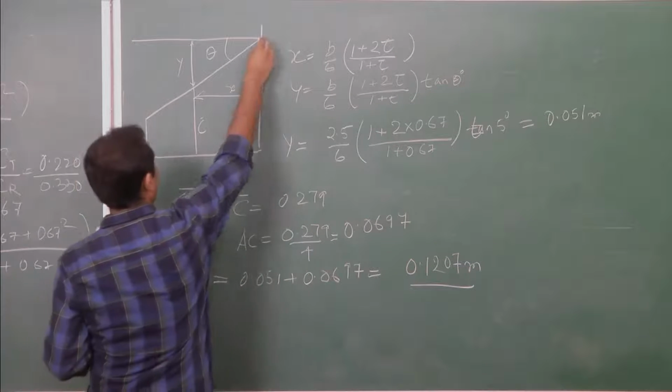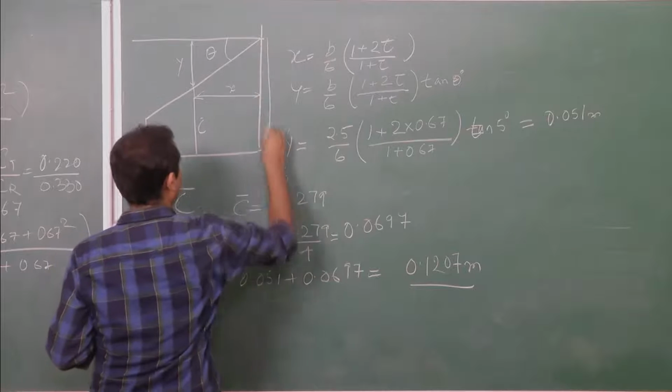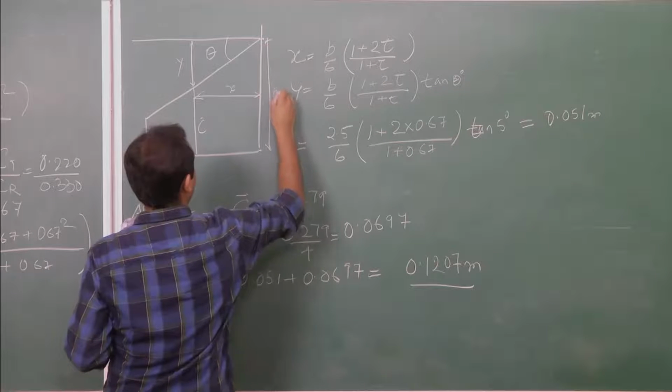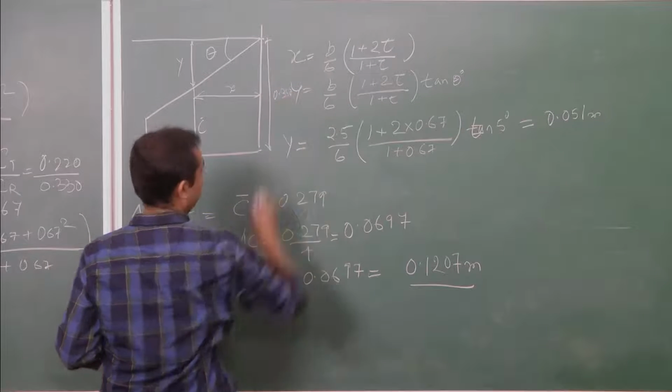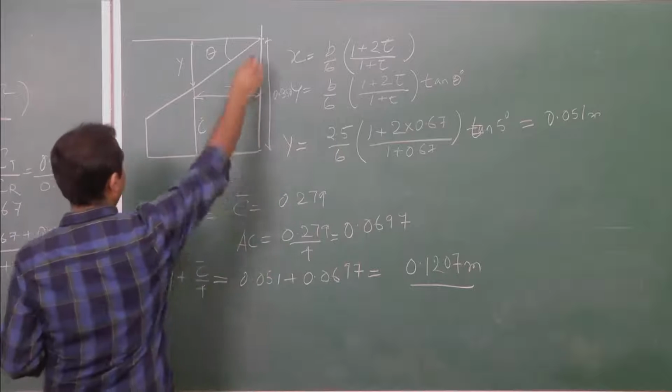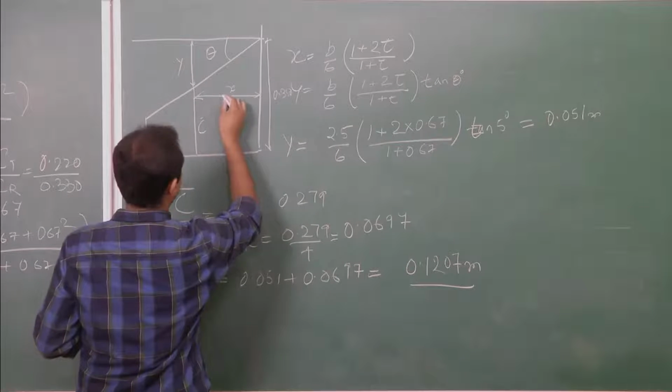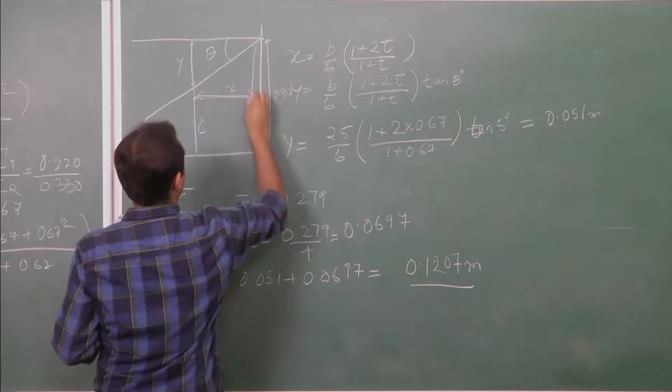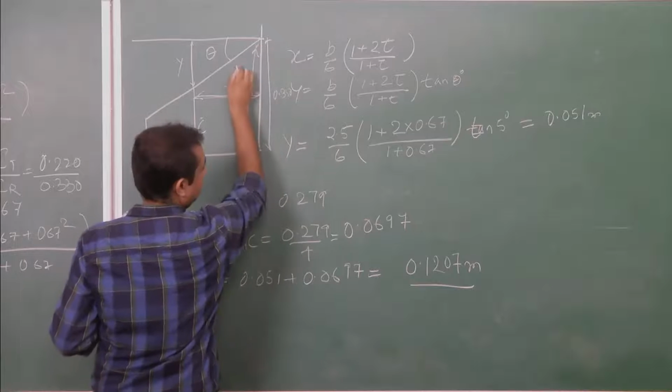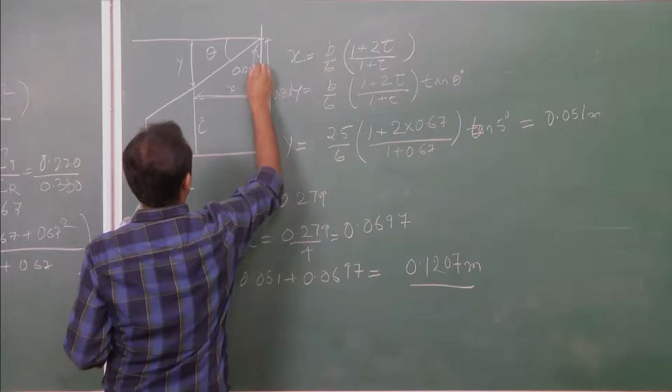So if this is your horizontal line and this was your root chord, which is 0.330, your aerodynamic center from this point will be somewhere around 0.1207 meters.